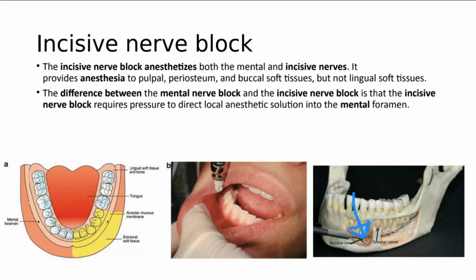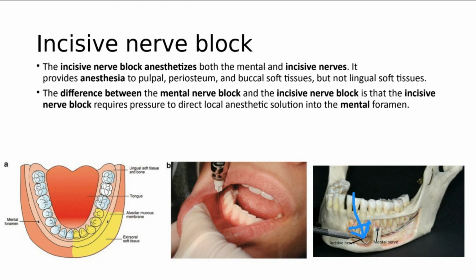And as far as I know, when you do the injection, you wrap around the mental foramen, so that when you inject, the anesthesia will be on the top of, or very close to, the mental foramen. And when you wrap it a little bit like this, it will get in and inject more while you're wrapping it. Inject, rub, or push it a little bit.